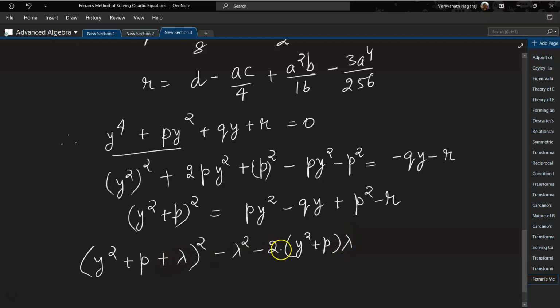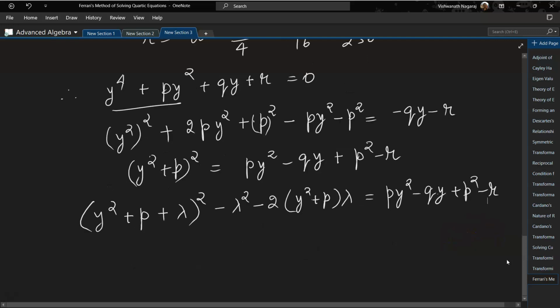Now what I would suggest is you expand this and see whether this is correct or not. When you expand this, these two will get cancelled with this and you'll be left with (y² + p) the whole square is equal to py² minus qy plus p² minus r. Okay. Now let's take these two to the other side.